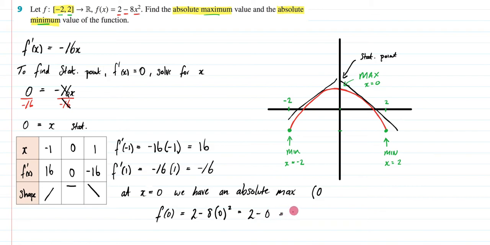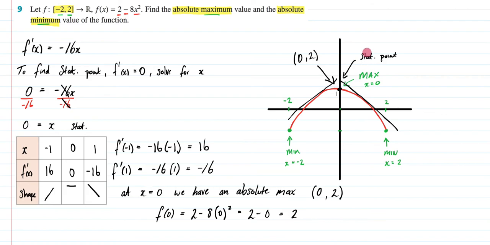So it's just going to be 2. So right here would be 2. We found that just by subbing in 0 into my original function. So this point right here, if we were to write it in, I've got lots of arrows pointing to it, would be (0, 2). That is my maximum. It is my stationary point.